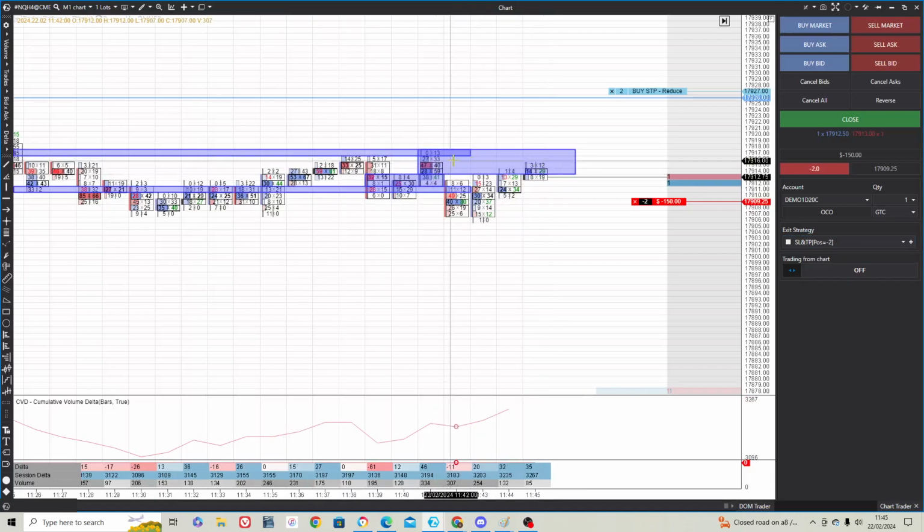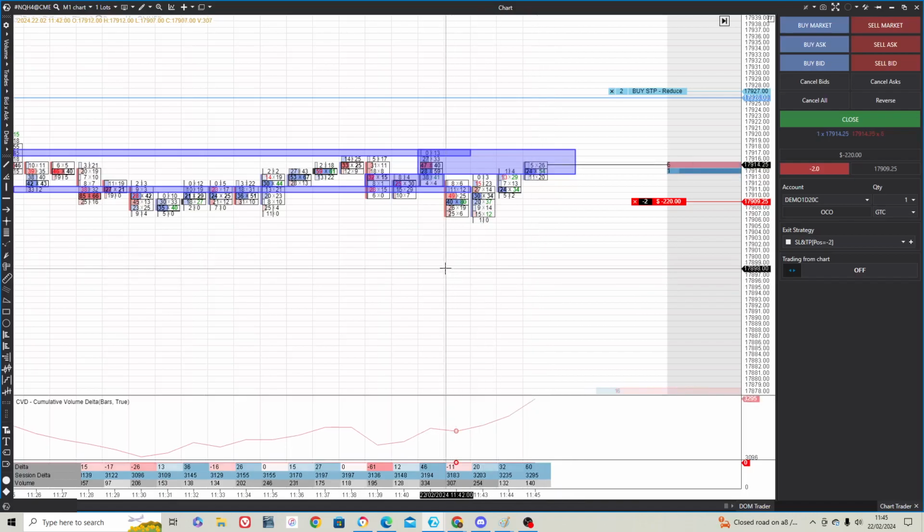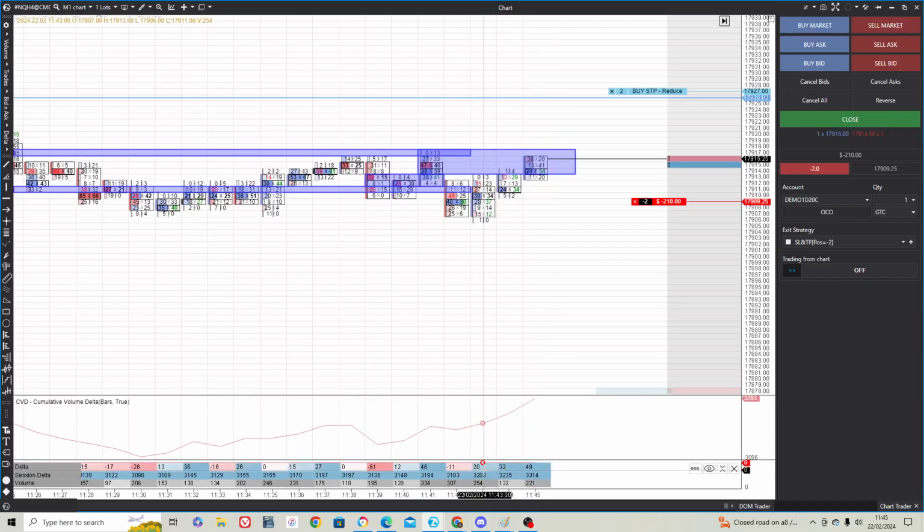These were limit sellers, so let's see if this area is defended. Now, is this strong positive delta something to worry about?